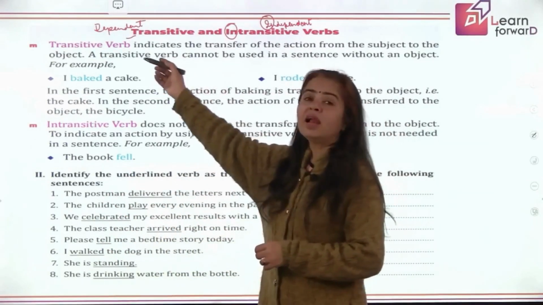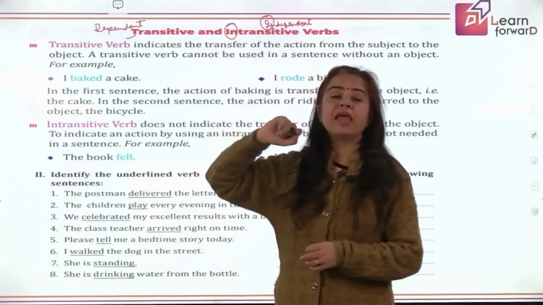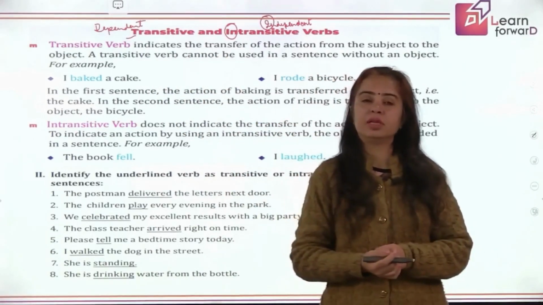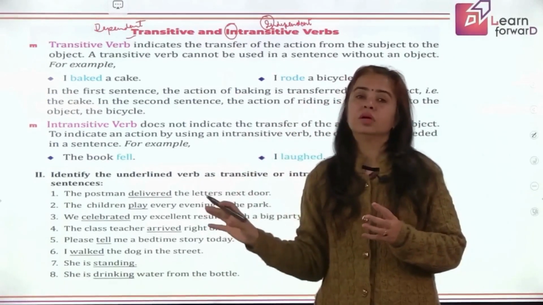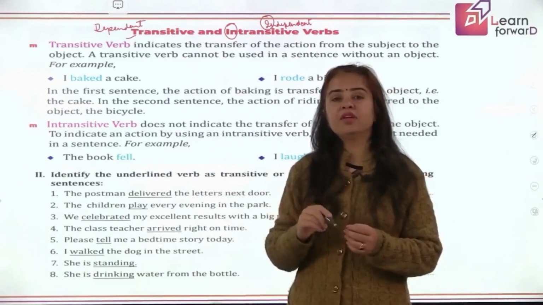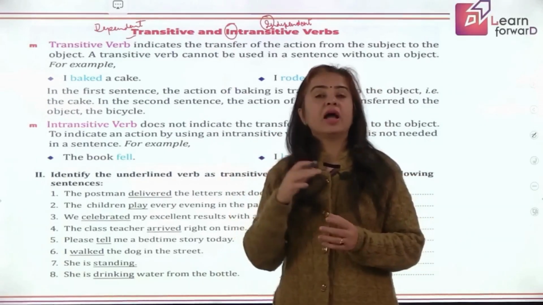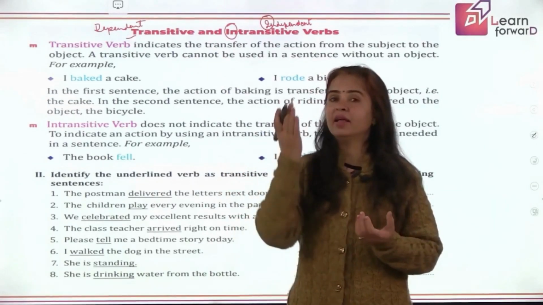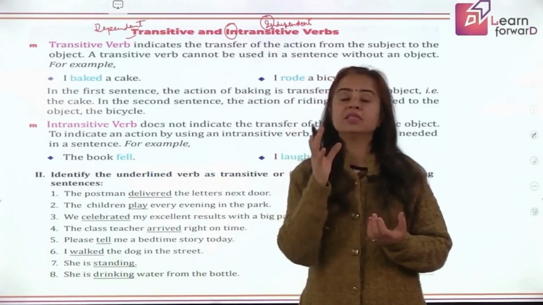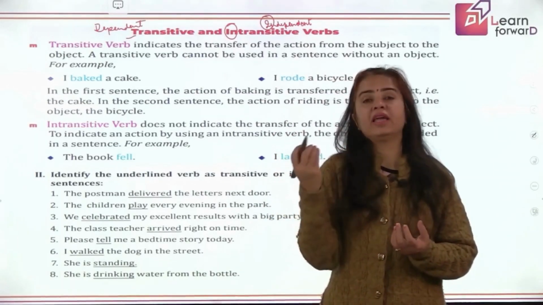Now, the transitive verb needs an object to complete its meaning. That means when an action is being moved to an object. For example, if I say I write, I cut. So what do I write? What do I cut? Here arises a question and my sentence is not complete till I give an object to it.